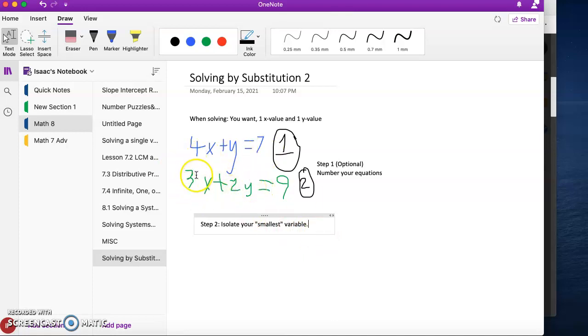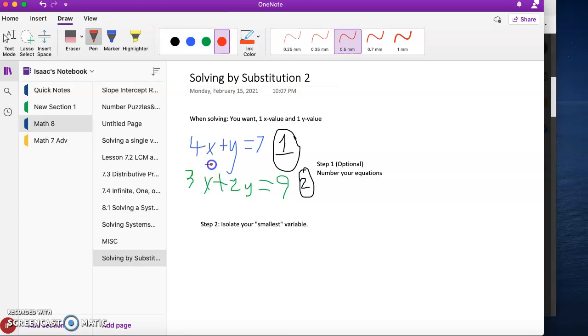So let's see, I've got a 3x and a 2y and a 4x and just a regular y. Well, just that regular y means that there's secretly a 1 multiplying the y. So given that my other ones have a 2, a 3, and a 4 in front of them, that y is my smallest variable.